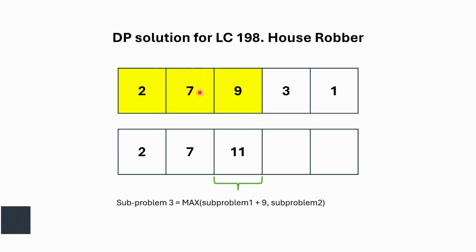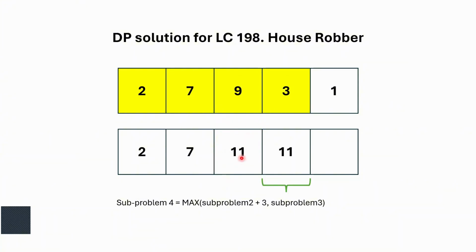The first decision is 9 plus 2, robbing this house and this house, so that's 11. But if I ignore this house and rob the maximum amount of money up to the second house, then I would get 7. So which one is better? Should I get 2 plus 9, that is 11, or should I get 7? Well, obviously it's 11, right? So the maximum amount of money up to the third house is 11.